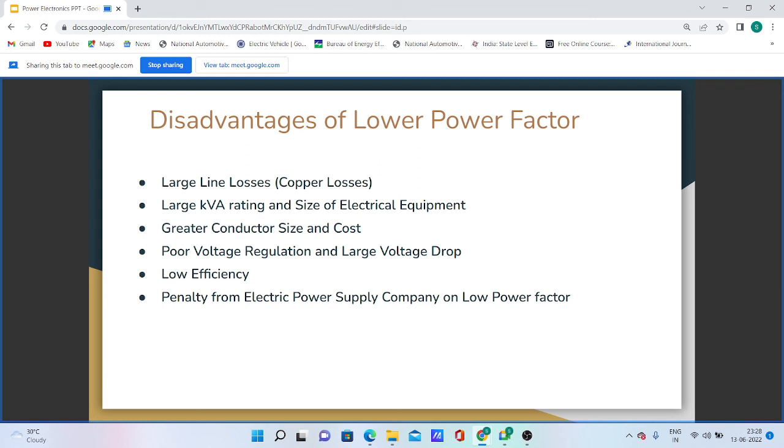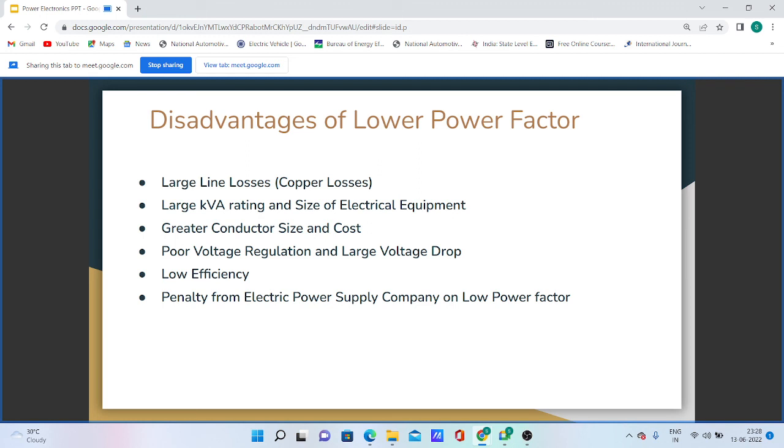So let us see the disadvantages of low power factor. Low power factor is mainly due to inductive loads, and in industry mostly inductive loads are used, like induction motors, lamps, etc. For various purposes, the inductive load takes lagging current, hence the result is low power factor.